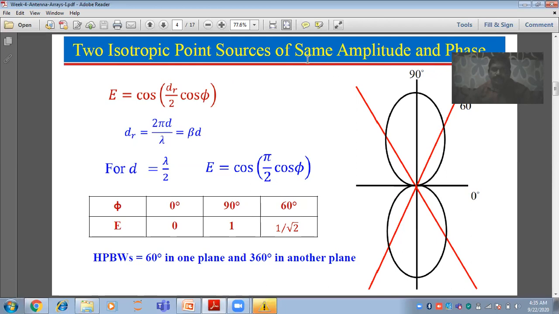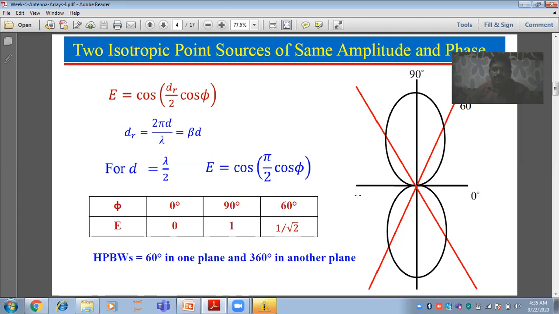Here, case one is the same amplitude of current and the same phase. Two currents are having the same amplitude and the same phase. Let us say antenna 1 is supplied with some current, I amperes. Here also we are supplying antenna 2 with the same current, I amperes.